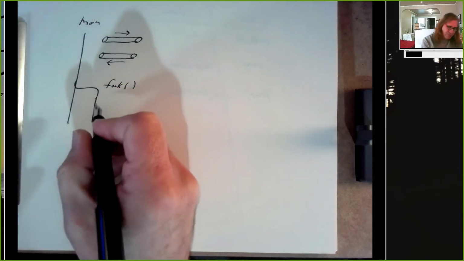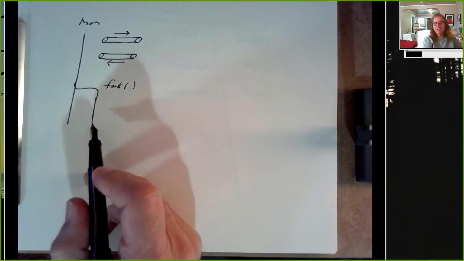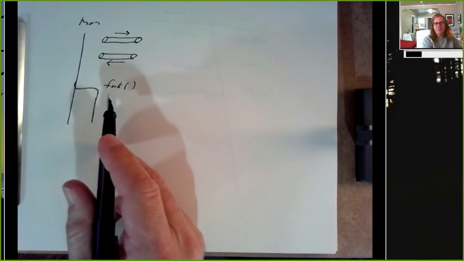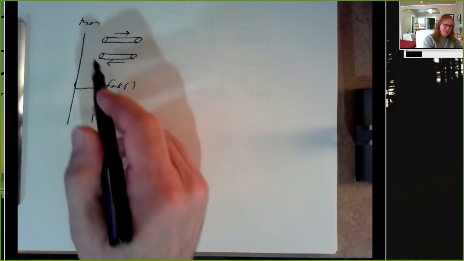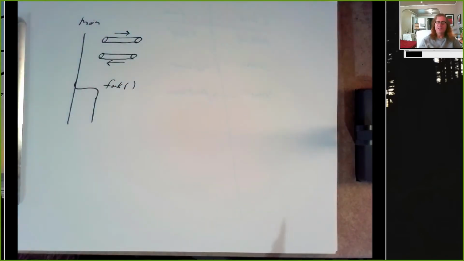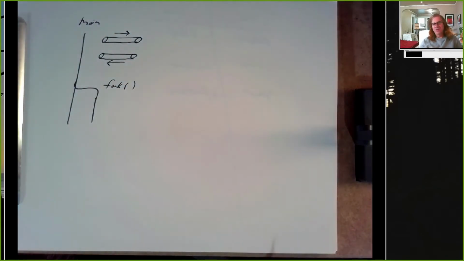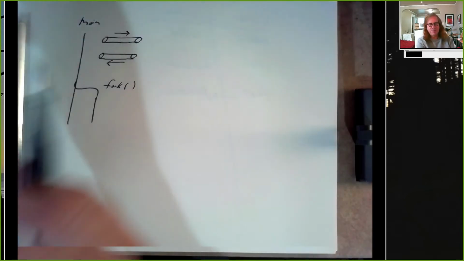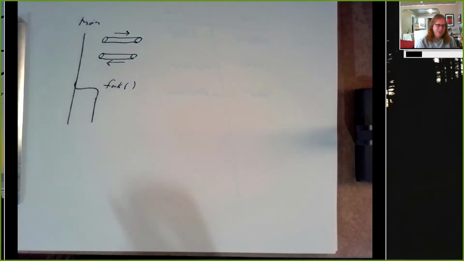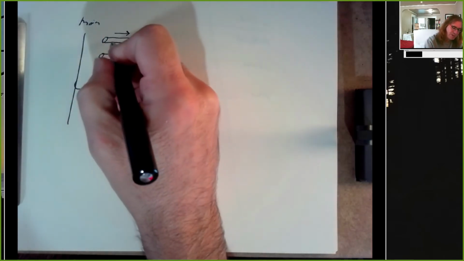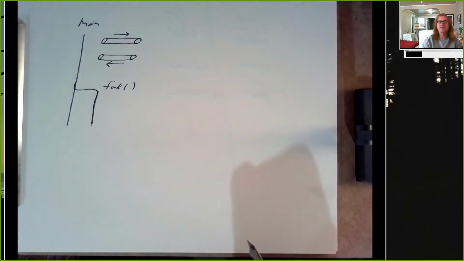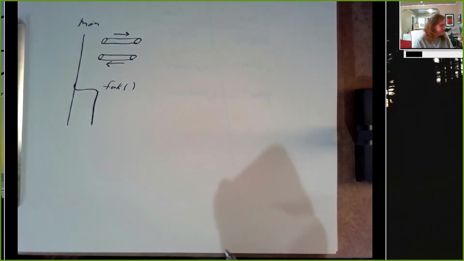Since the new process that's created is an exact clone of the original, except for the return from the fork call, this new process will also have its own copy of these two pipes. And they're the actual same pipes. It's not like we make a copy of all this stuff and give it to the new process. The pipes that we access in this new process will be these pipes that we'll also be accessing from the original main process.